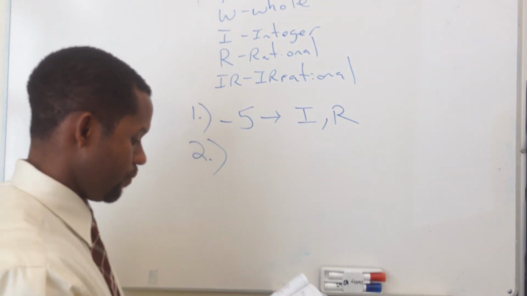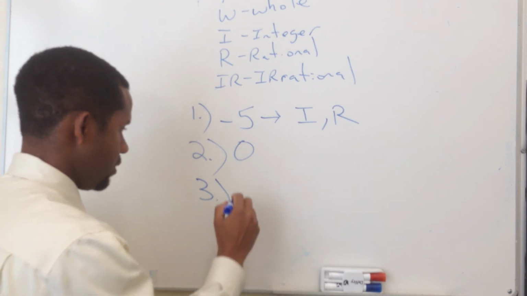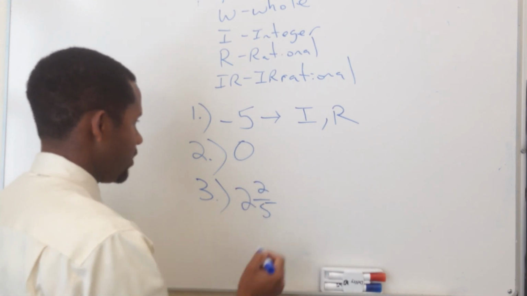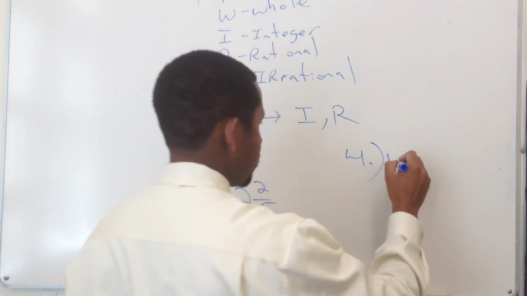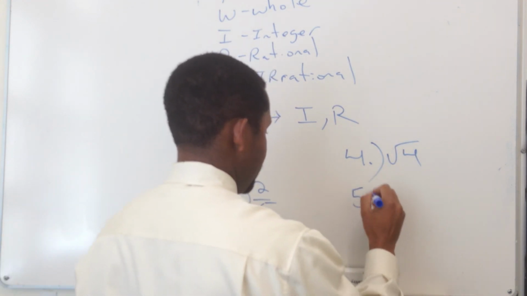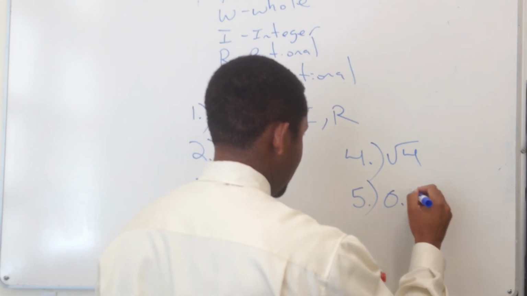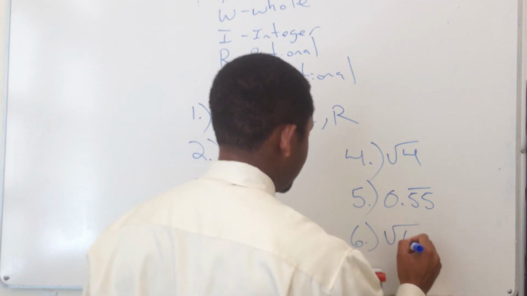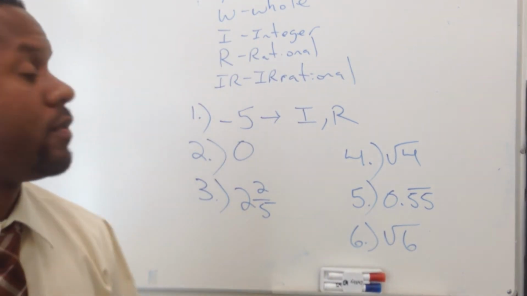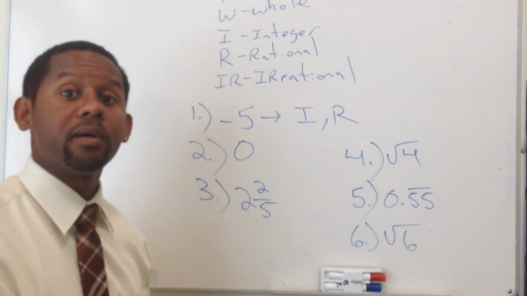So 2, 0. 3, 2 2/5. 4, square root of 4. 5, 0.55 repeating. And 6, square root of 6. Give me all the groups that each of those numbers belong to.